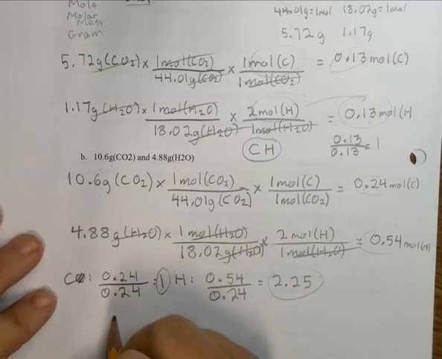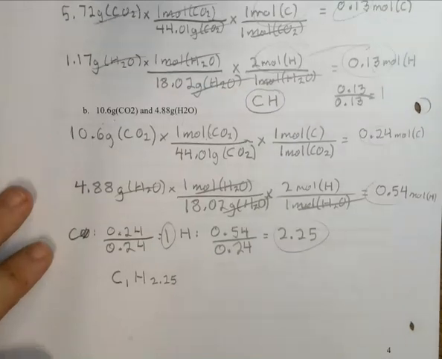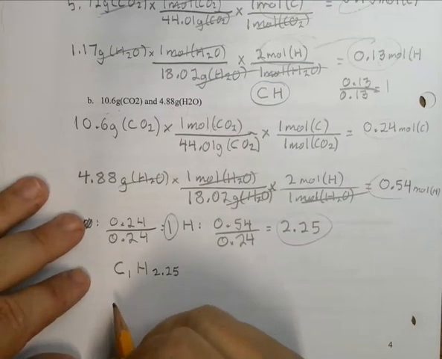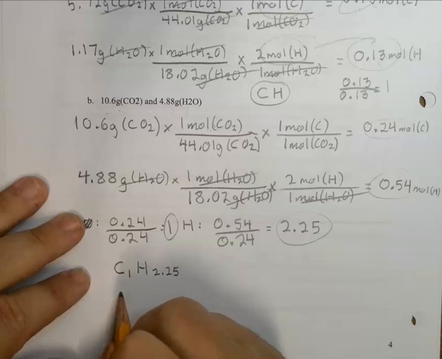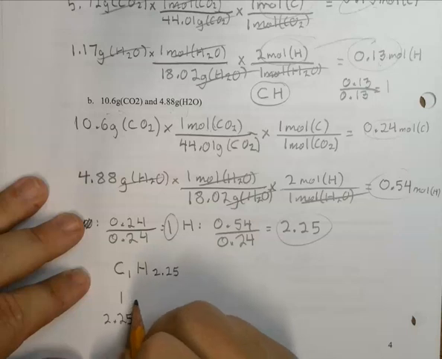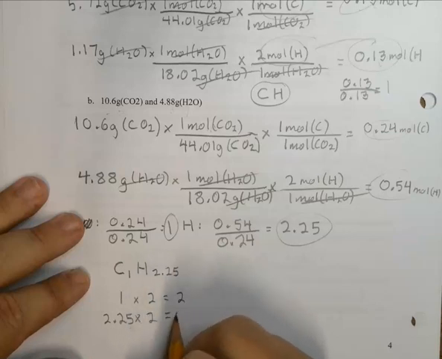So the way we could write this is C1H2.25, but of course we can't leave that decimal number there. So let's just start multiplying through. We've already done this once with the 2.25, but let's do it again. So you have 1 and 2.25. We need to get them both to be whole numbers. So we're simply going to multiply first by 2. That equals 2, and 2.25 times 2 gives us 4.5. Not a whole number.